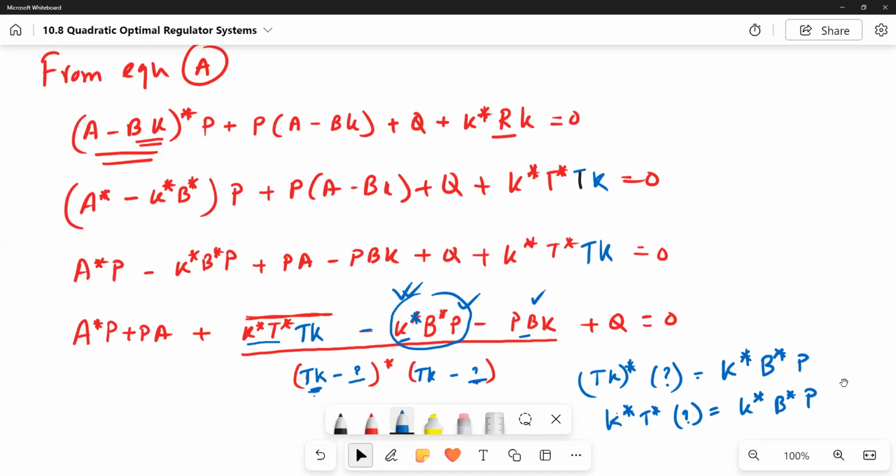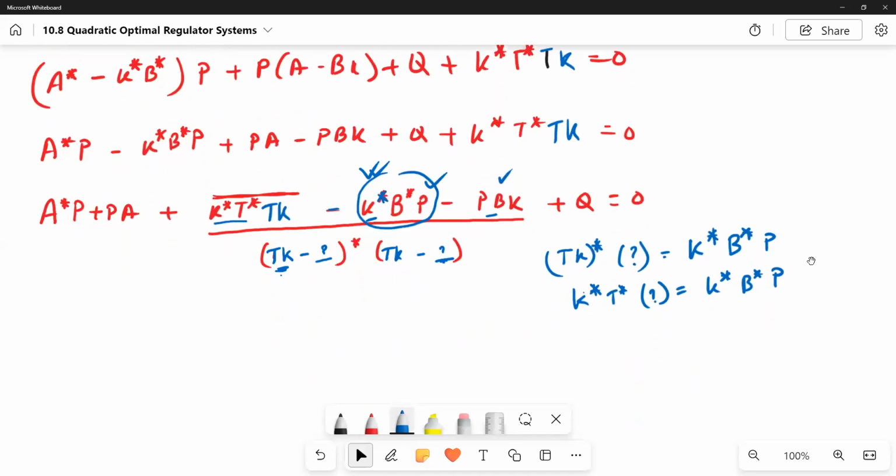So you can take the inverse of K star on both sides. If you take the inverse of K star on both sides, then this parameter can be cancelled.